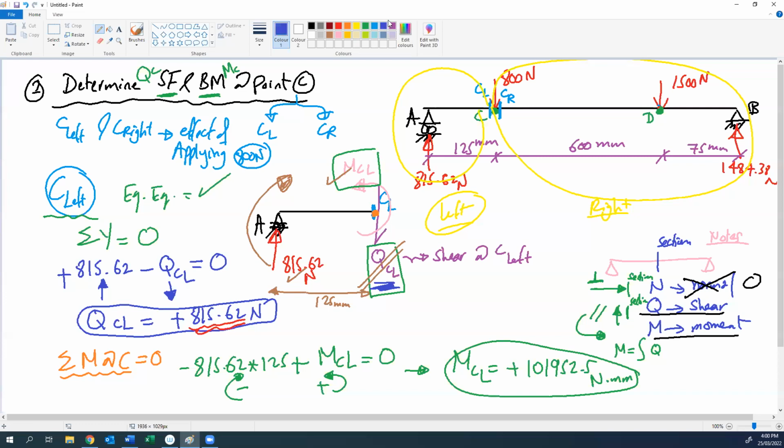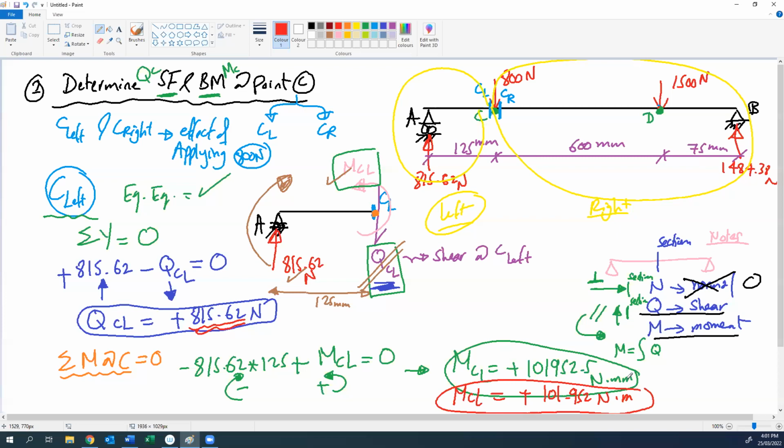Or if we want to make the number a little bit smaller, we can divide by 1000, so MC left equals plus 101.952 Newton meter. Okay. So now we find the moment and shear at MC left.